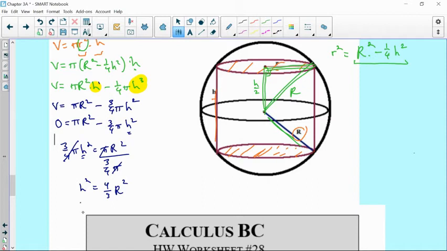Taking the square root of both sides, technically we get plus or minus 2 over root 3 times R. But since we're talking about a positive height and a positive radius, we pick the positive root. So h is equal to 2 over root 3 times R. That'll guarantee the biggest cylinder.